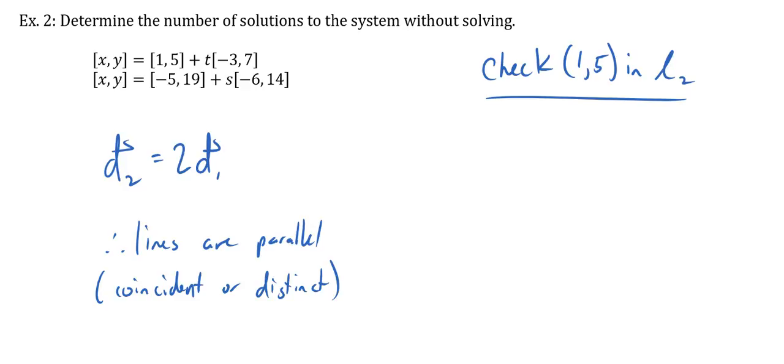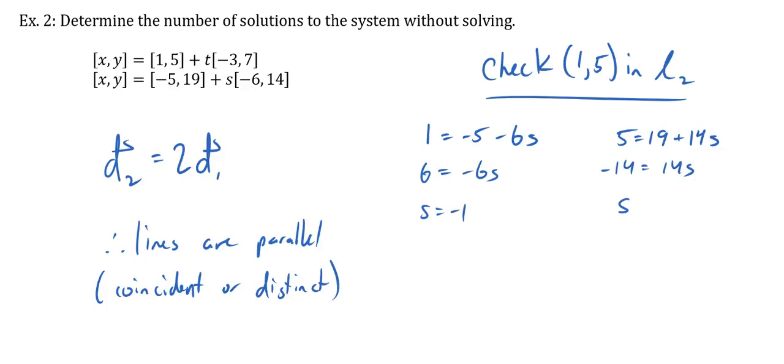And the check for these looks a little bit different. So I'm going to say 1, that's x, equals -5 minus 6s. And 5 equals 19 plus 14s. 6 equals -6s, s equals -1. -14 equals 14s, s equals -1. s is consistent.